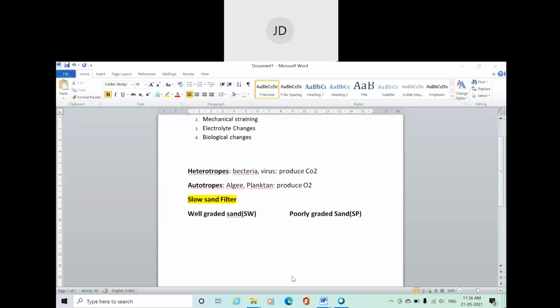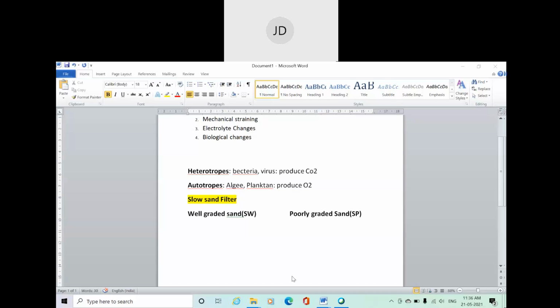That means after scratching the layer, whatever new water sample is poured on the top layer will directly go down to the gravel and it will come out. But we cannot directly take that water because it is not coming through the biological film, because we have already scratched the biological film.